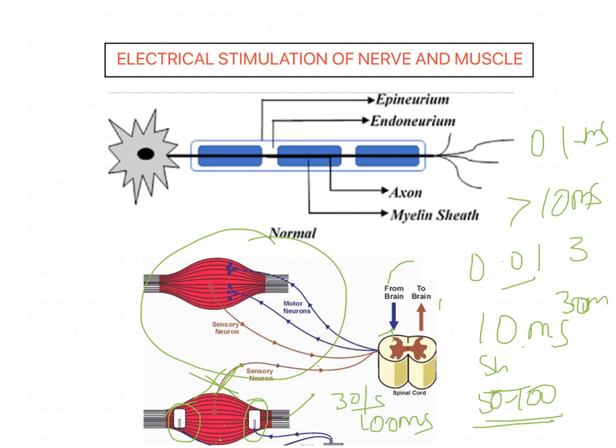Already we have discussed how this Faradic type of current is obtained, through different coils. Nowadays these coils are replaced by inbuilt circuits like multivibrator circuits in electronic stimulators.